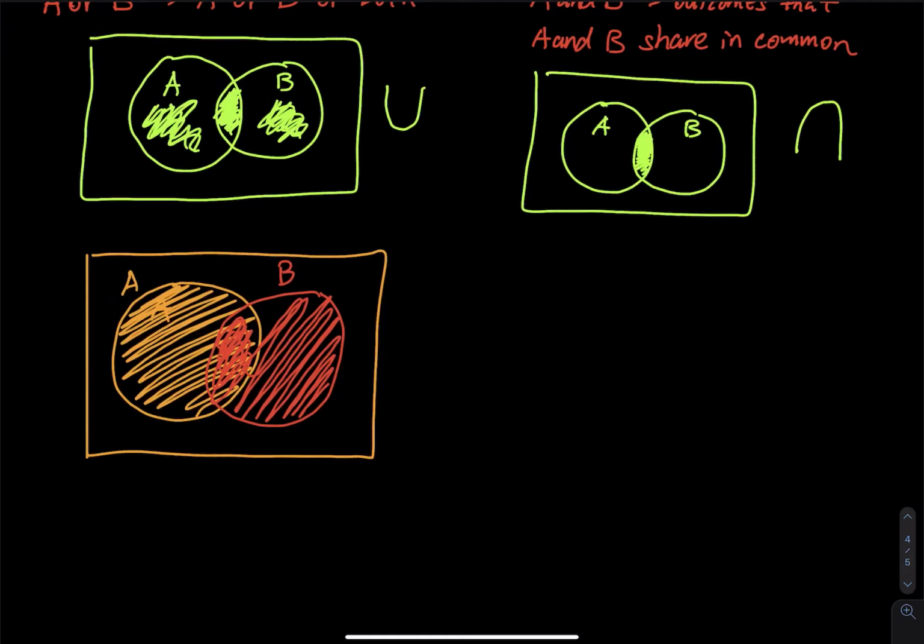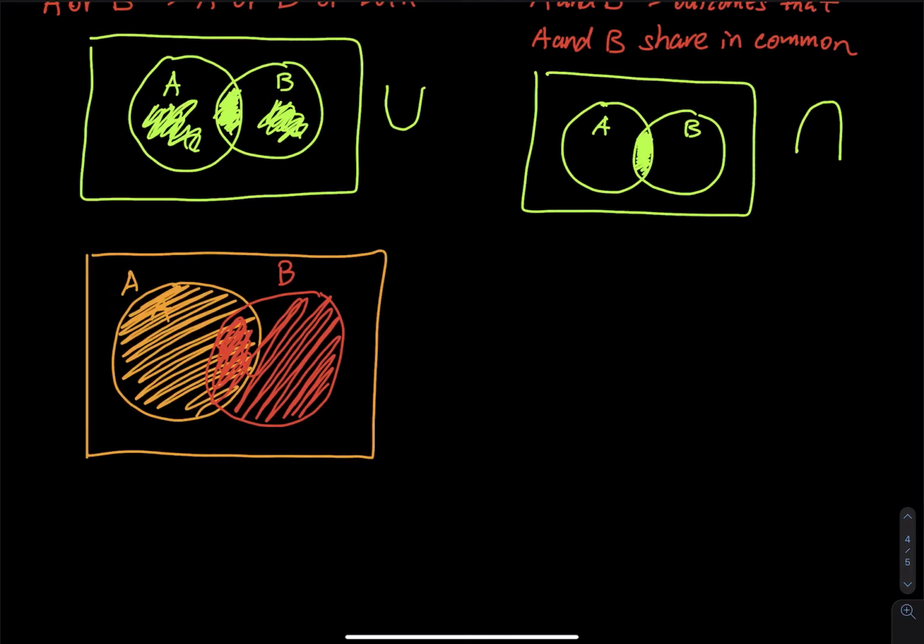When I fill up the orange, I already fill up the intersection of A and B. So you have orange for A and the intersection. And then when you fill the circle of B, you put red on top of orange, which means you count the intersection twice. So when you count the intersection twice, you have to take it out. You have to subtract the intersection one time.